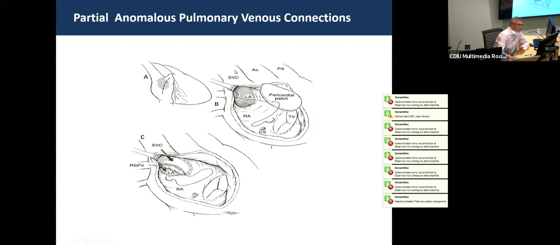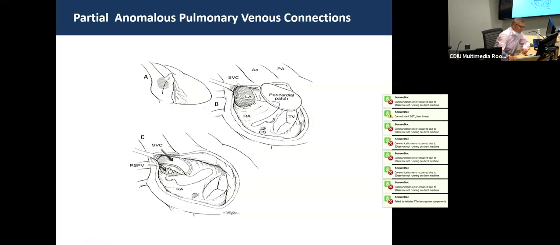This is particularly common in patients in which the anomalous veins connect high up close to the innominate vein. So the right uppermost pulmonary vein may, in about 10 or 20% of patients, connect very high up close to the innominate. That means that the internal patch goes a long way into the SVC, making it more potentially compromised in terms of its caliber.